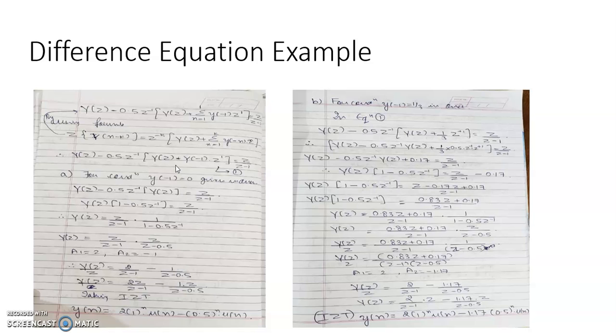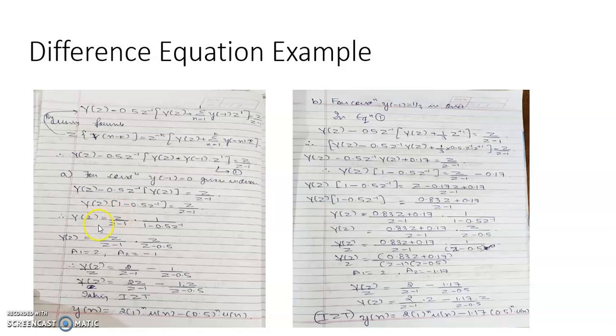Now talking about the initial conditions. Part A says the initial condition is 0, part B says the initial condition is 1 by 3. Using this equation, take Y of z in common, as we must have done in solving the inverse z transform also.